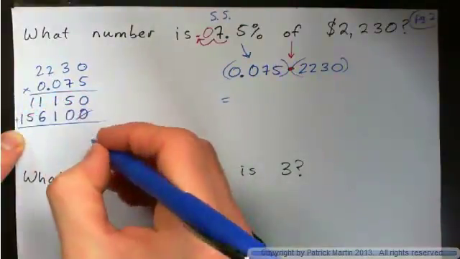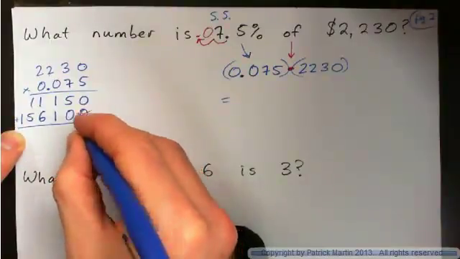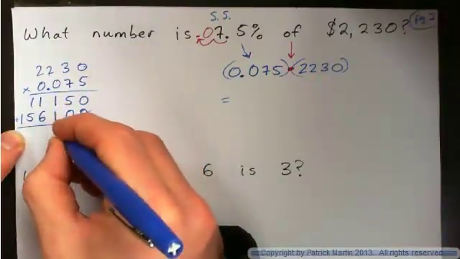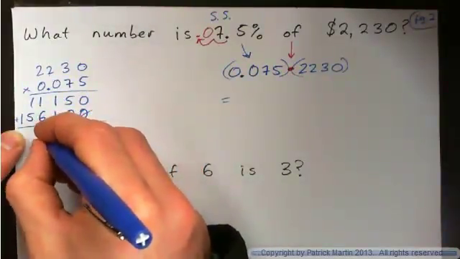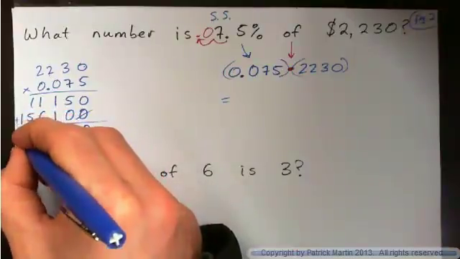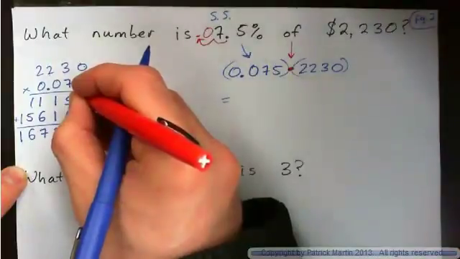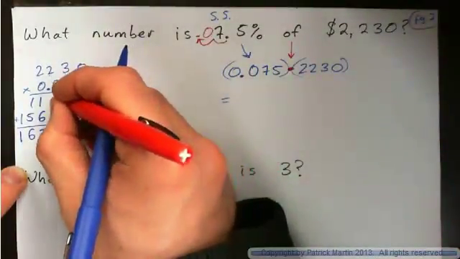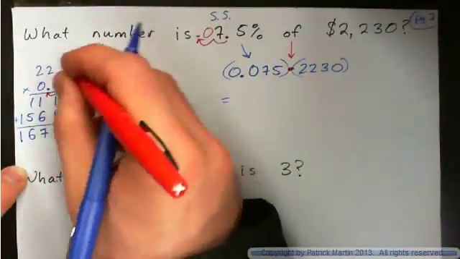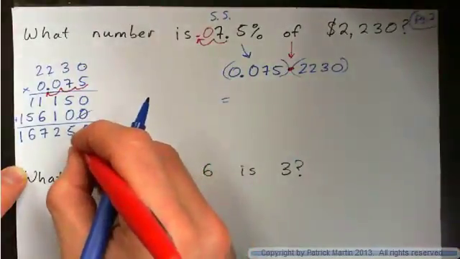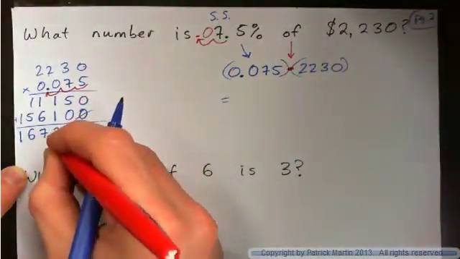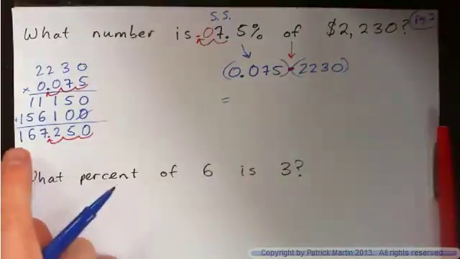Now add, and I've got 0, 5, 2, 7, 6, 1, and I have 3 decimal places in the problem. So there's going to be 3 decimal places in the answer.